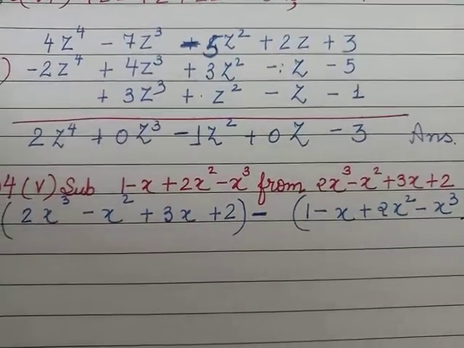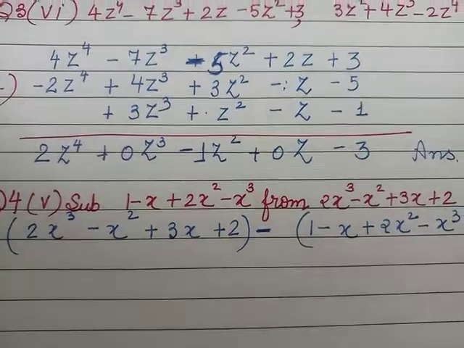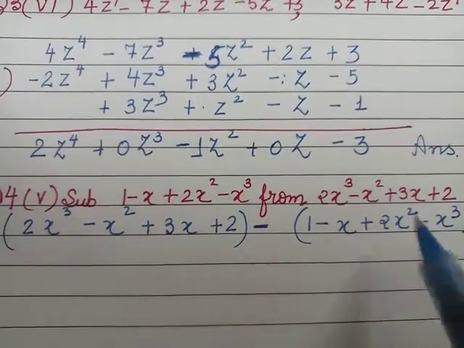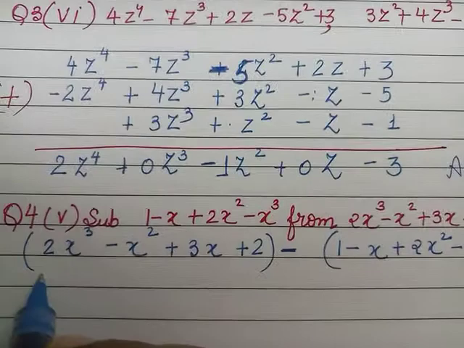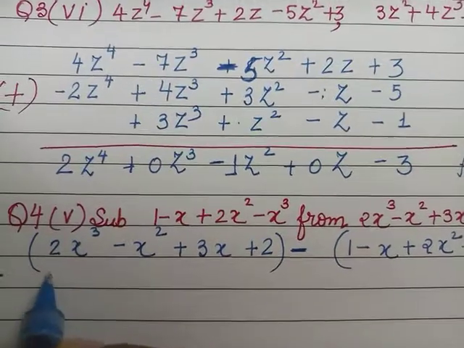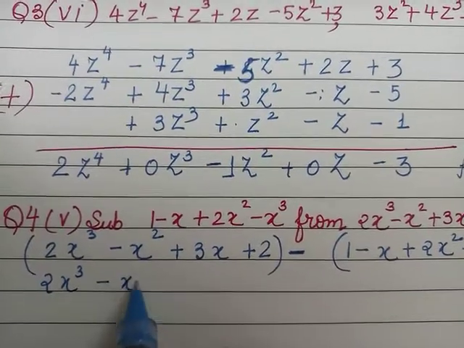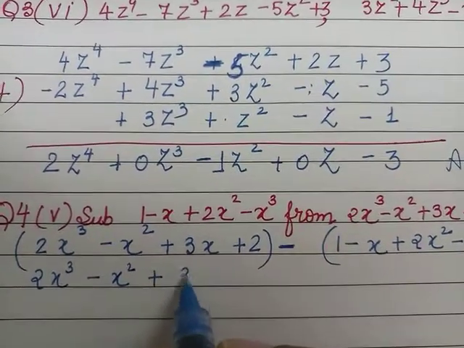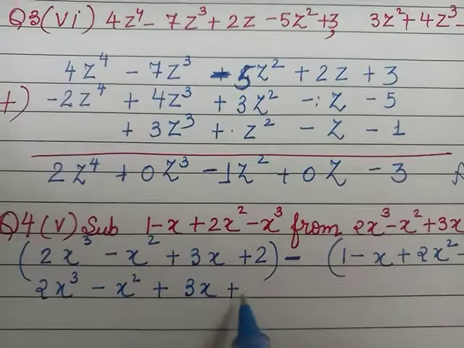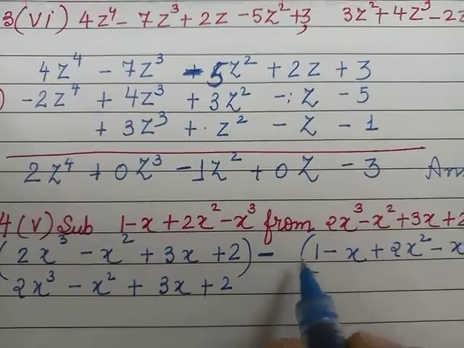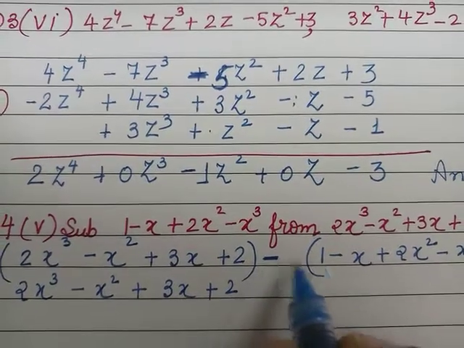Firstly, we will change the sign because we have a negative sign before the bracket of the second term. So we write the first expression as it is, 2x cube minus x square plus 3x plus 2. Now we have minus and this is plus.